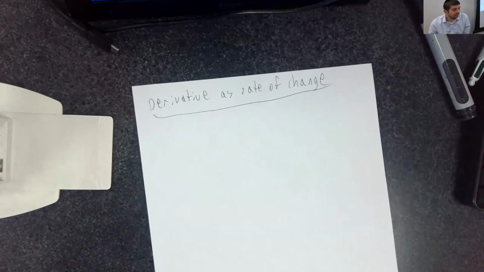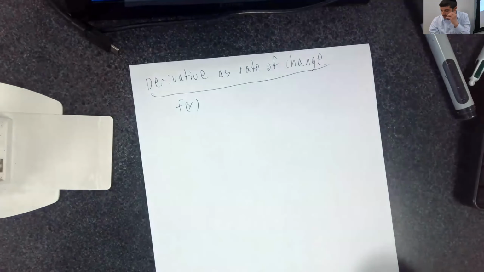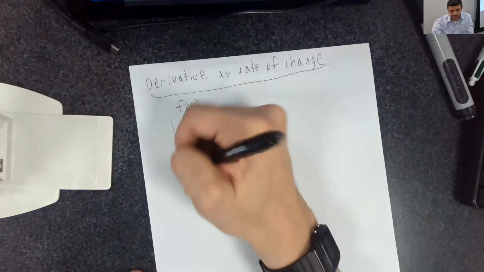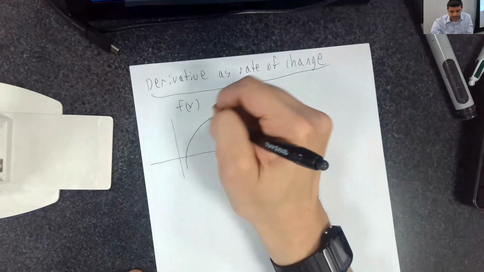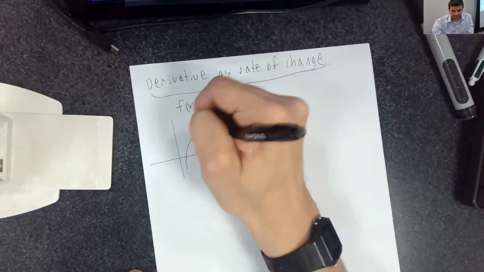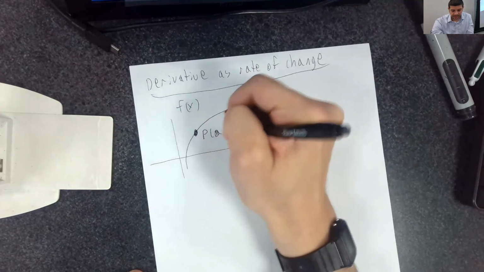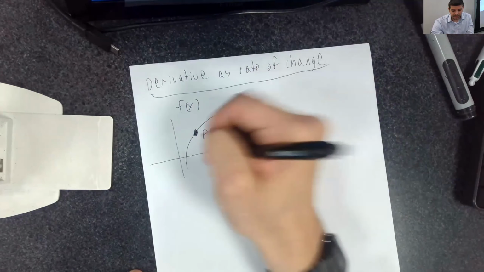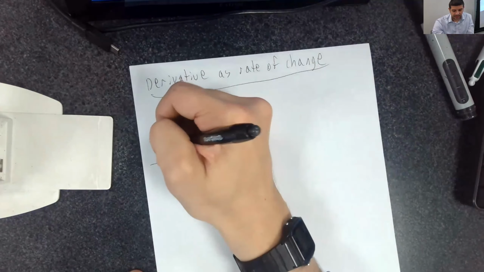We can do that for any function now. So we have f of x, and we have the point P at a comma f of a, the x value a and the y value.